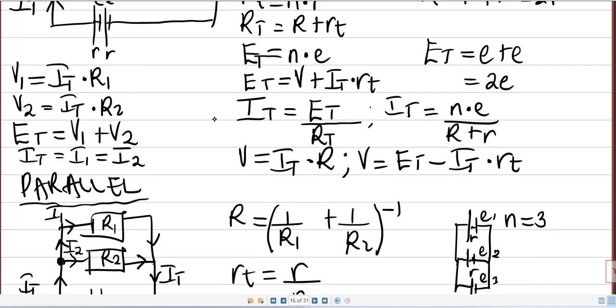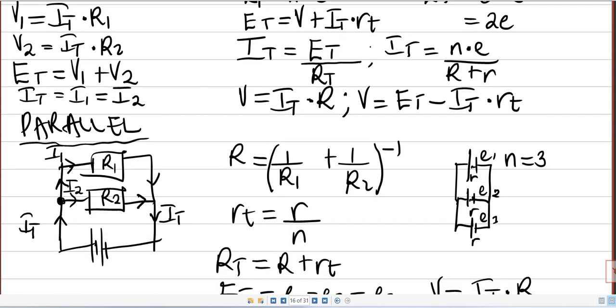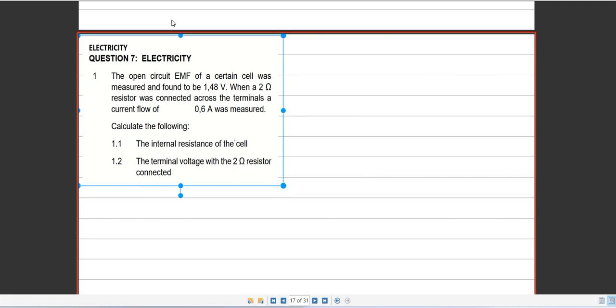We are about to start an example and see how it goes. In this question, it says an open circuit EMF of a certain cell was measured and found to be 1,48 volts. This refers to an EMF for one cell.